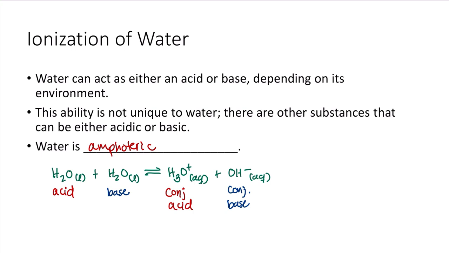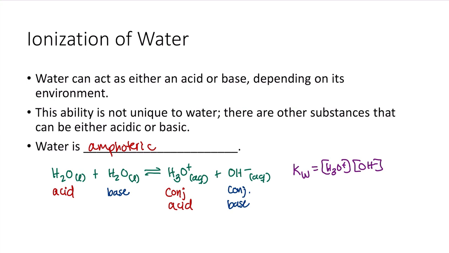So we can write an equilibrium expression for this process. And instead of using Keq or Kc, we use Kw for water. This is going to be equal to the concentration of hydronium ion times the concentration of hydroxide.